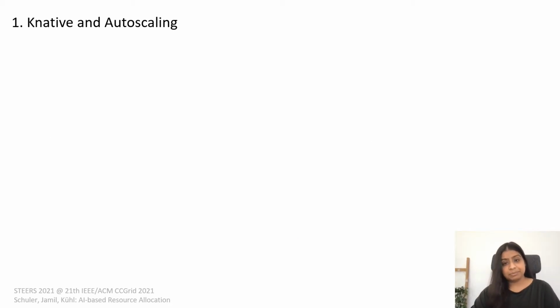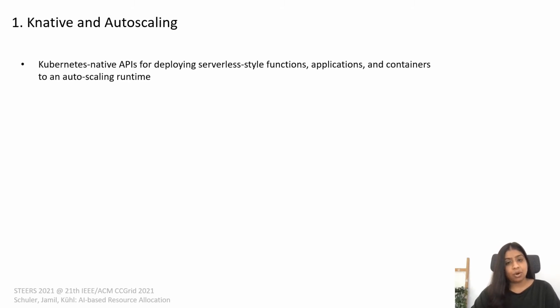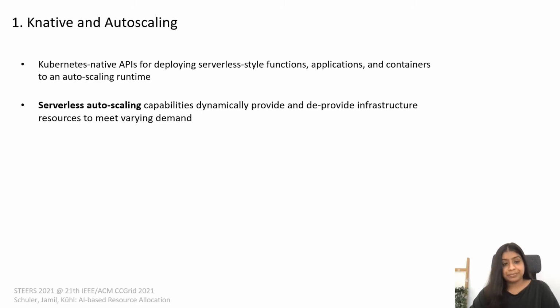Now, before we deep dive into the motivation behind this paper, I would like to quickly touch base on the serverless platform that this paper is based on, which is Knative. For those of you who do not know what Knative is, it's an open source Kubernetes-based platform wherein a developer can deploy and manage serverless workloads.